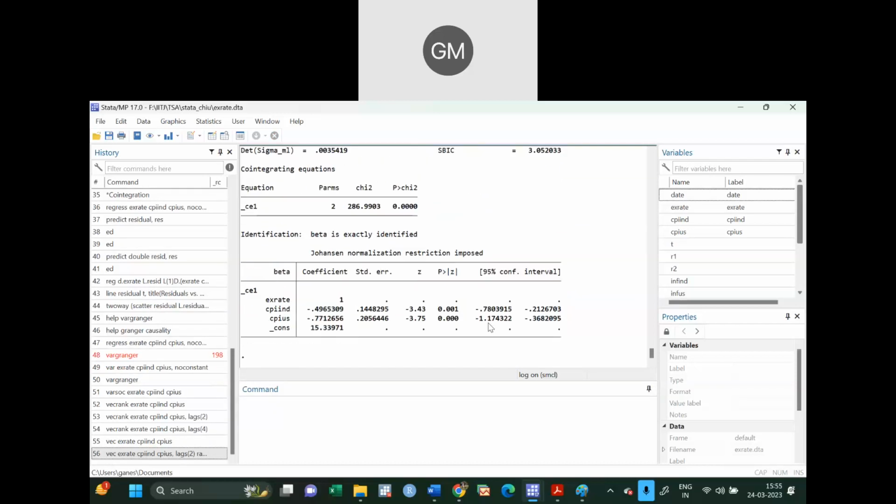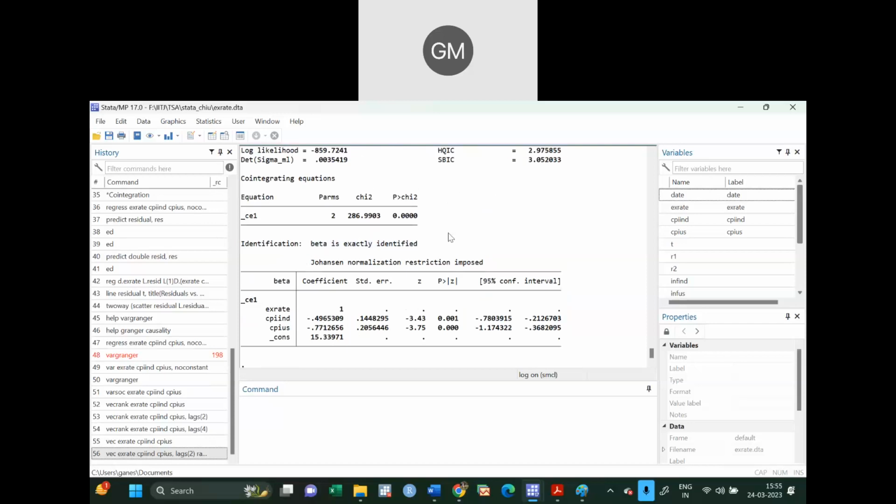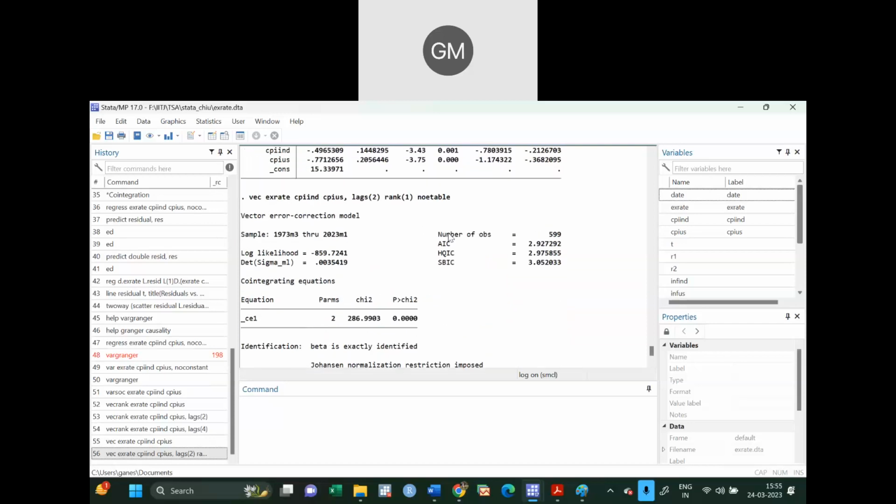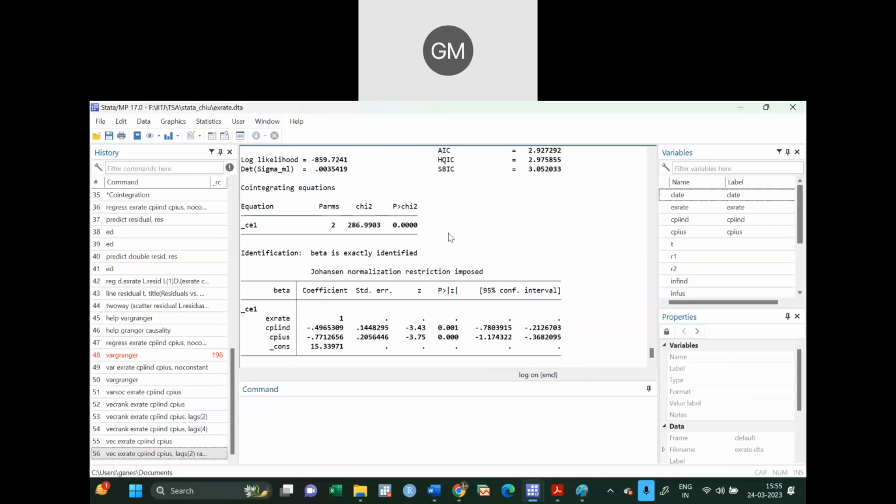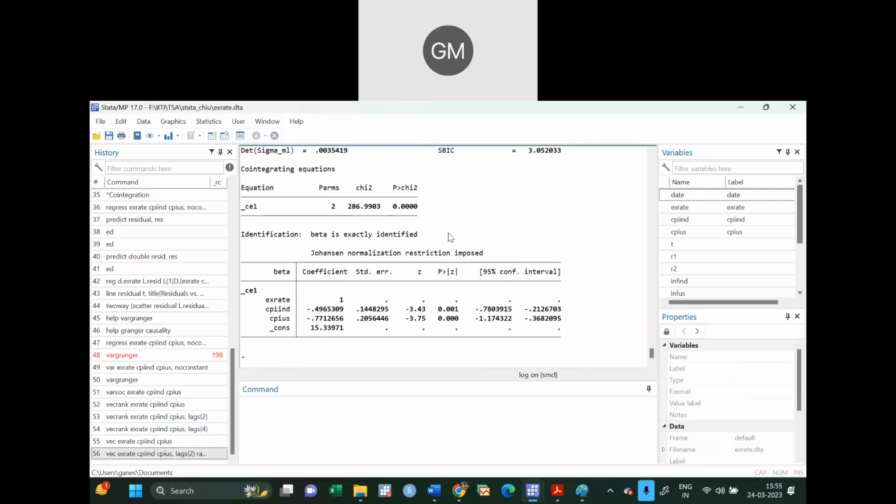So that big table will not be coming, and this equation will be given at rank 1. And since we got one cointegrating relationship, beta is exactly identified.